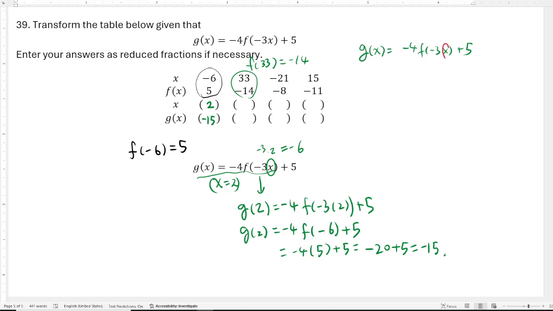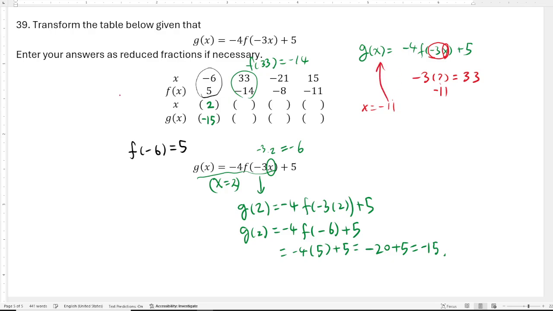What should I plug in here so that negative 3 times whatever that is gives me 33? Because then I have f of 33, which can be used to get a new relationship for g of x. And the answer is, well, negative 11. First of all, to make it positive, it must be a negative value. And 3 times 11 is indeed 33, so negative 11 is what we need. So we have x equals negative 11.